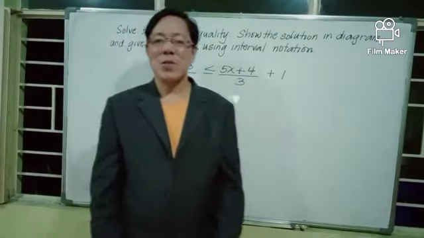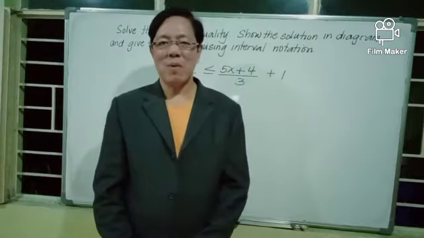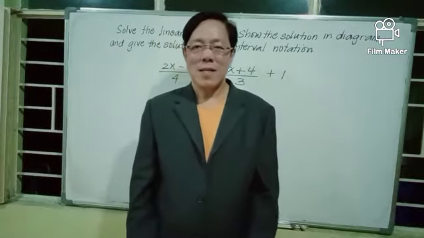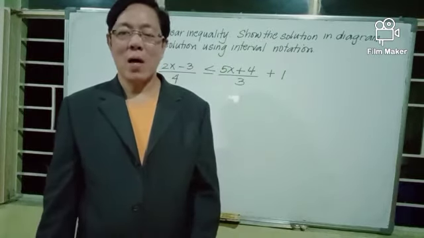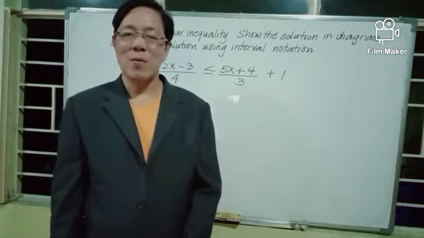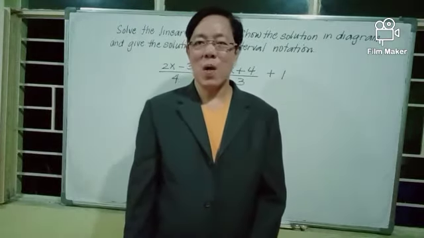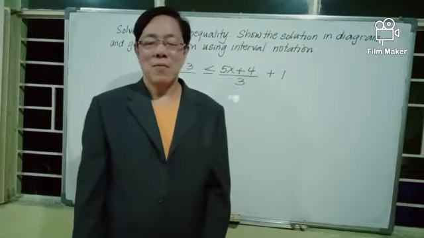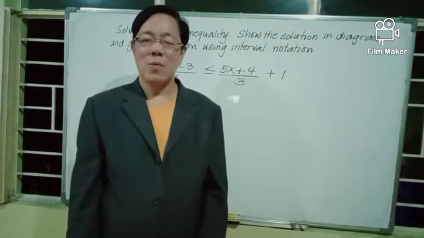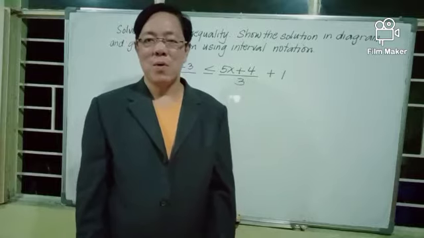The difference between solving a linear equation in one variable and solving linear inequality in one variable is that when you arrive at the solution of linear equation in one variable, there is only one value, one solution, for the variable.